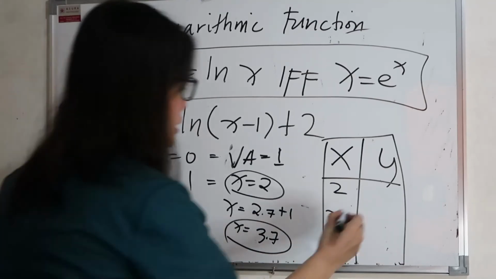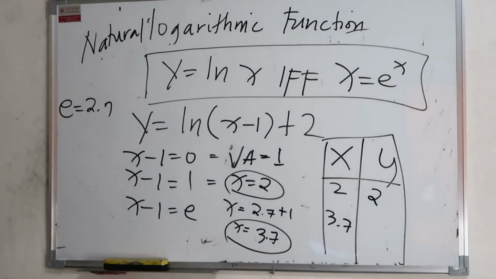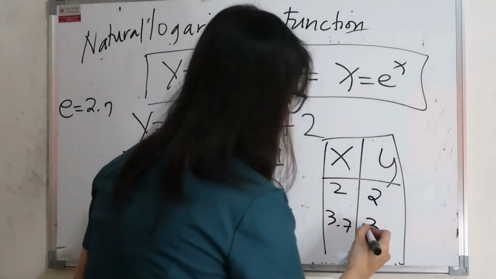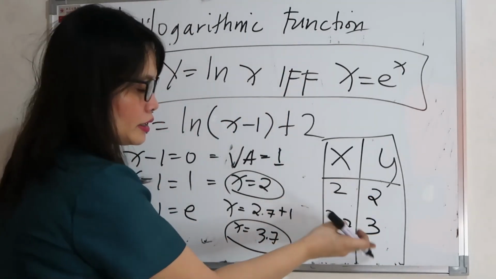Okay, 2. Very good. Next, if x is 3.7, what's the value? 3 or 2.99. Basically it's 3. So we have 2 and 2, and then 3.7 and 3.